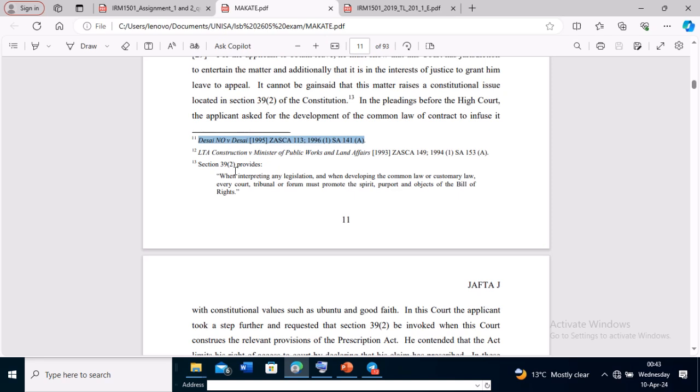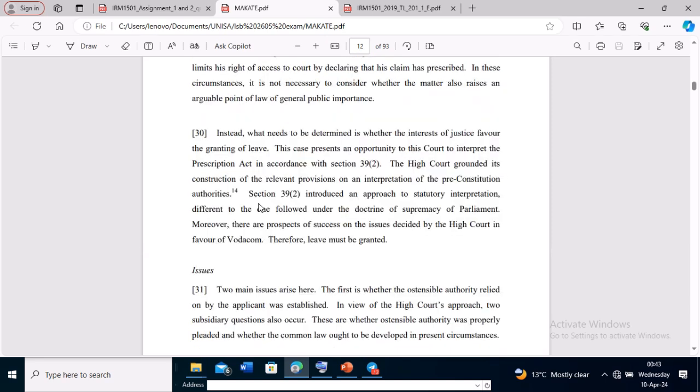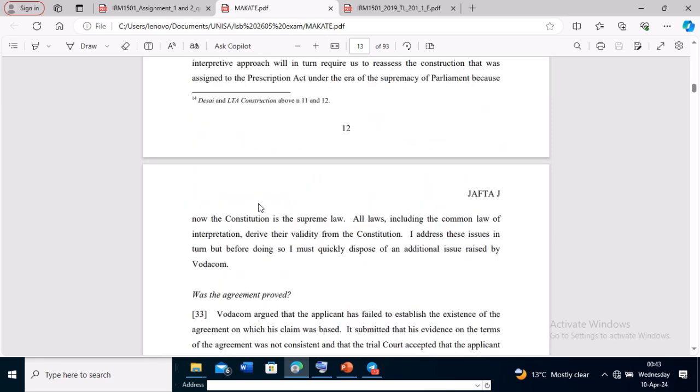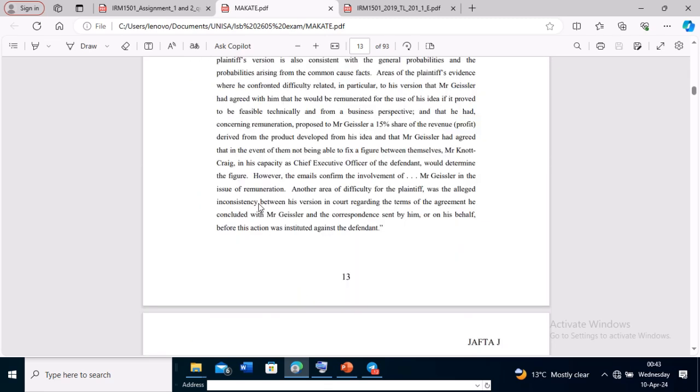And then legislation. So here's the legislation, section 39 of 2. You can just take it this way, section 39 of 2. And then we have that.